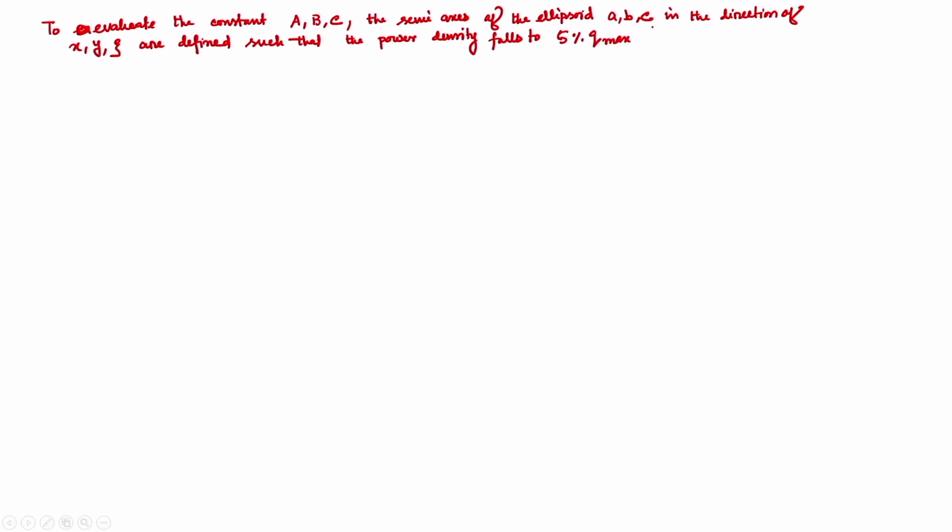What does it mean? That means this semi axis a, b, c, we define in such a way that at the end of this semi axis, our power density is 5% of Q max value. This you should keep in mind. So, where is this Q max value? At the surface of the ellipsoid.